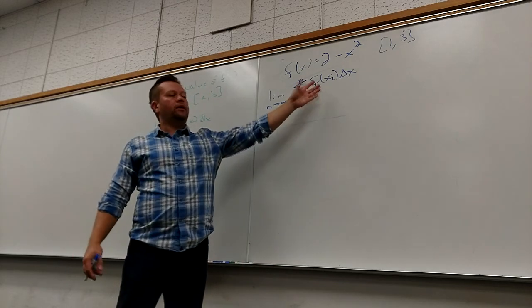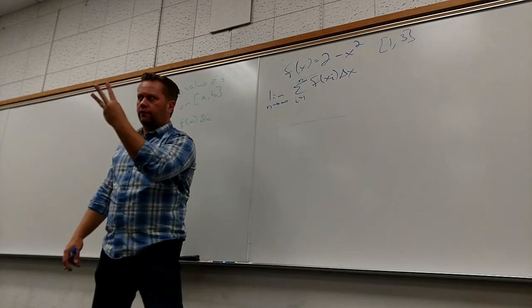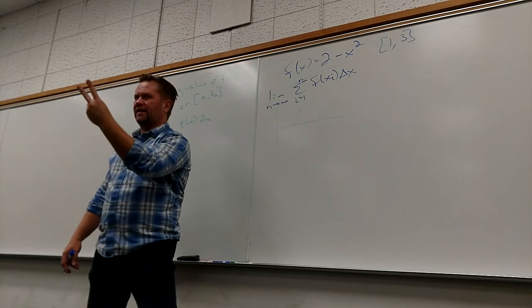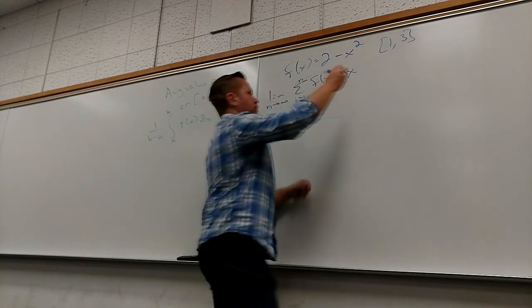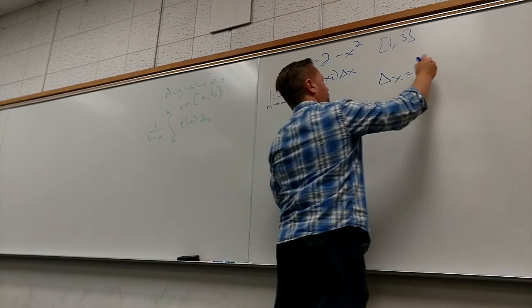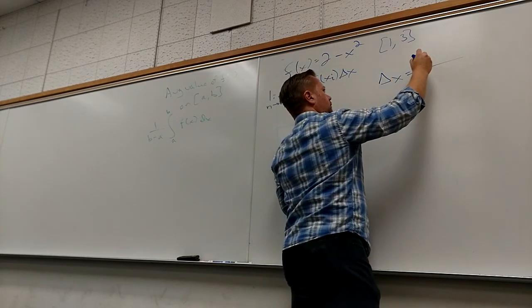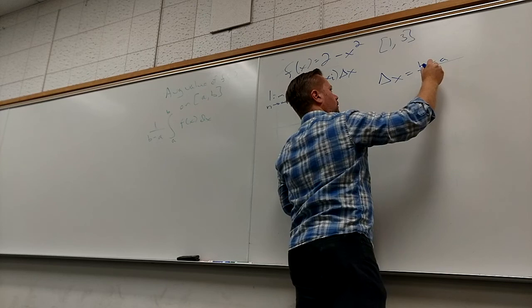So now I kind of know what I need to figure out. There are three main things: you're figuring out what delta x is, what xi is, and then what f of xi is. So how do I figure out what delta x is? In general, what is it? b minus a over n.